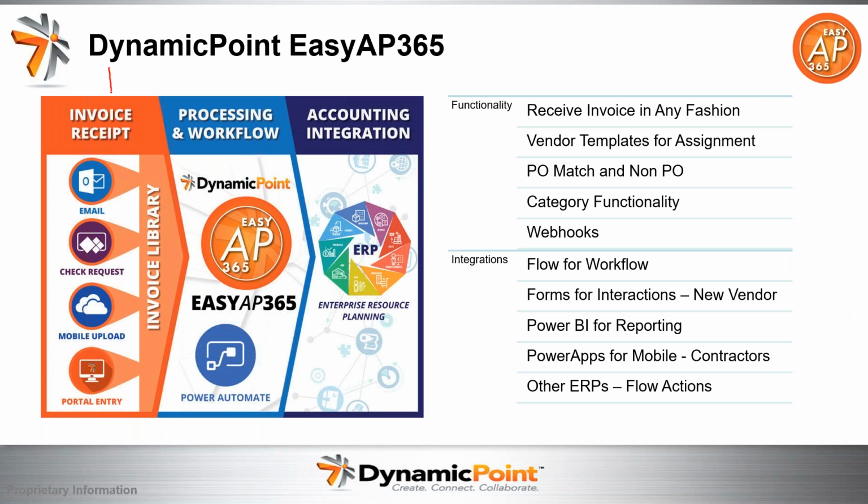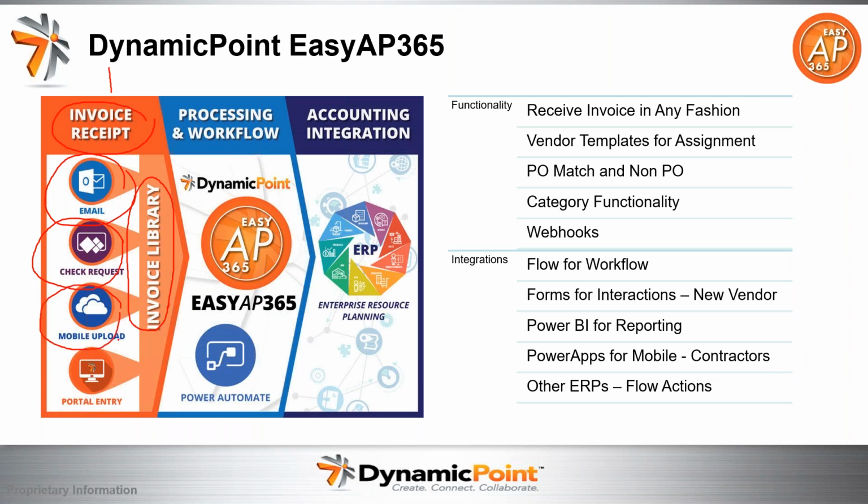First of all is getting that invoice from a vendor, or in other words, the receipt of that invoice. Invoices could come in from various different manners, and they're ultimately all coming into this library, or a SharePoint library, that's being provided by your SharePoint Office 365 subscription. Vendors could email these invoices in. We could establish check request forms if those invoices are being submitted from within the company in sort of a distributed buying environment.